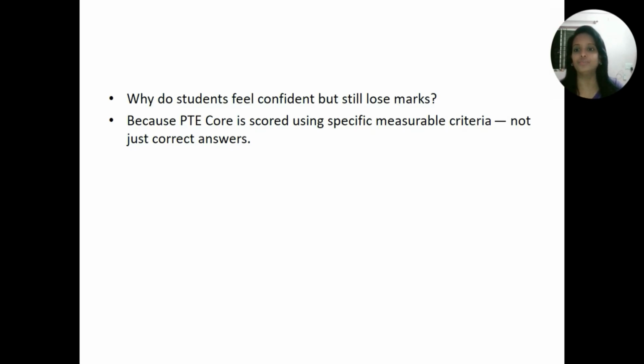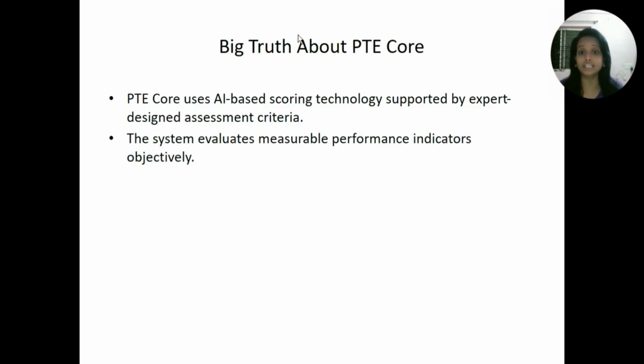So let's get started. One of the biggest misunderstandings students have is this one. They imagine a human examiner sitting there listening to every answer and personally deciding their score. That is not how PTE Core works. PTE Core uses AI-based scoring technology supported by expert-designed assessment criteria. This means your responses are evaluated based on measurable performance indicators, right?